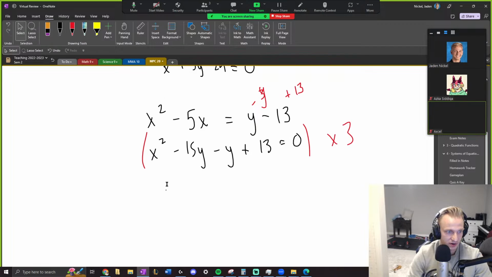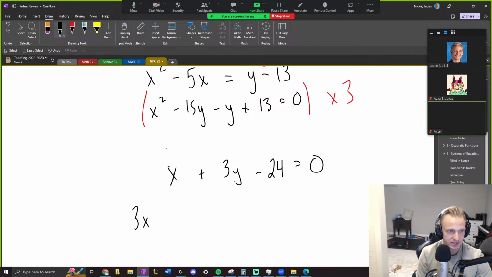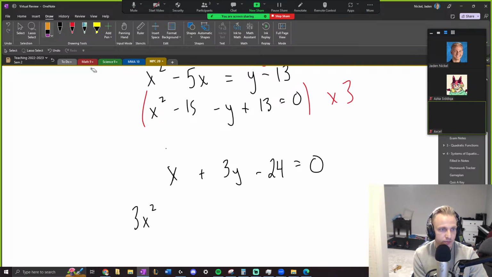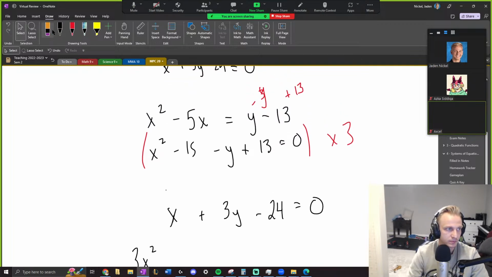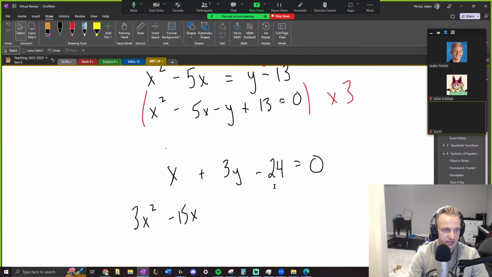So our two new equations are x plus 3y minus 24 is equal to 0. The other one is 3x squared minus 15x minus 3y plus 36 is equal to 0.